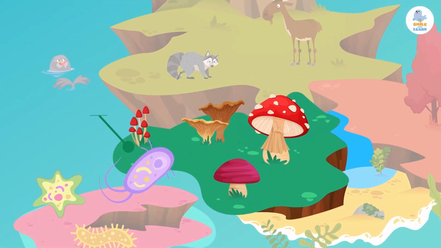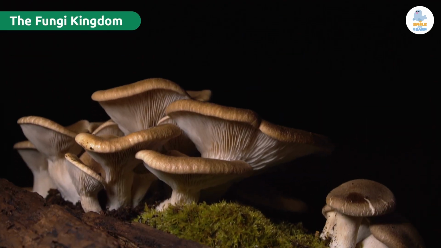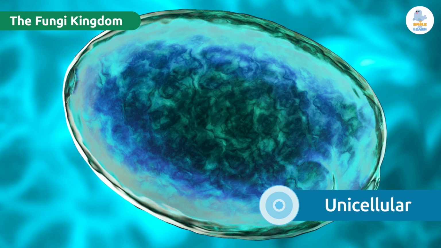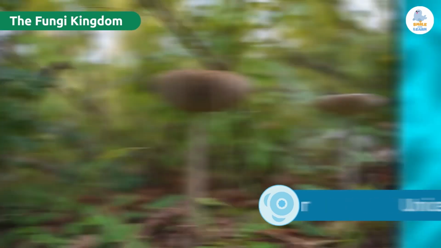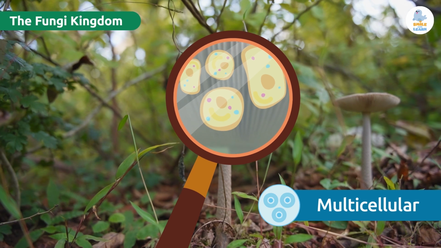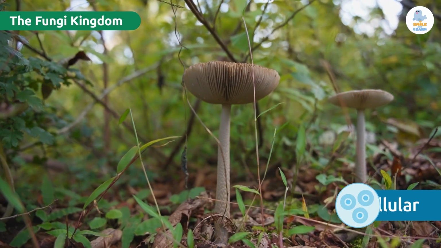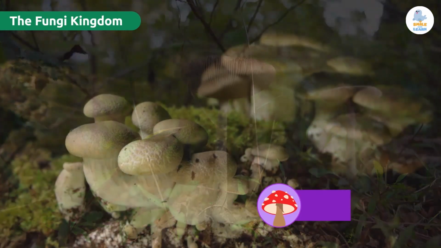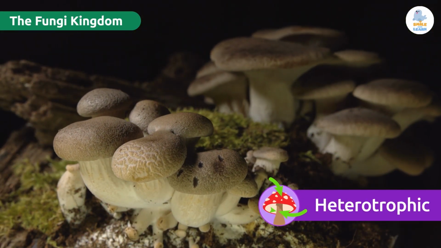The fungi kingdom. The fungi kingdom is characterized by unicellular organisms, such as yeasts, or multicellular organisms like mushrooms and mold. This means that they can be made up of one cell or many cells. All fungi are heterotrophic.